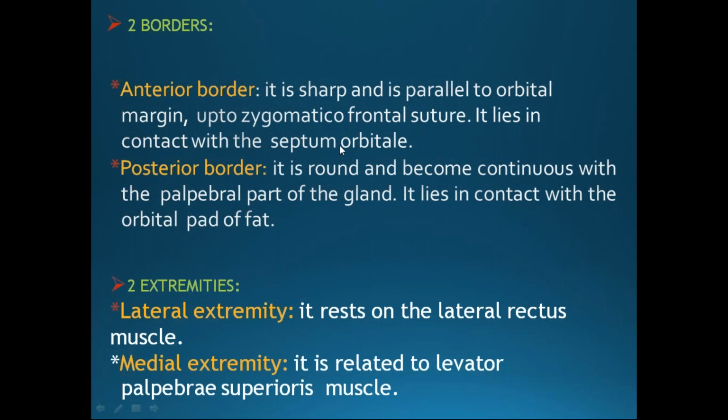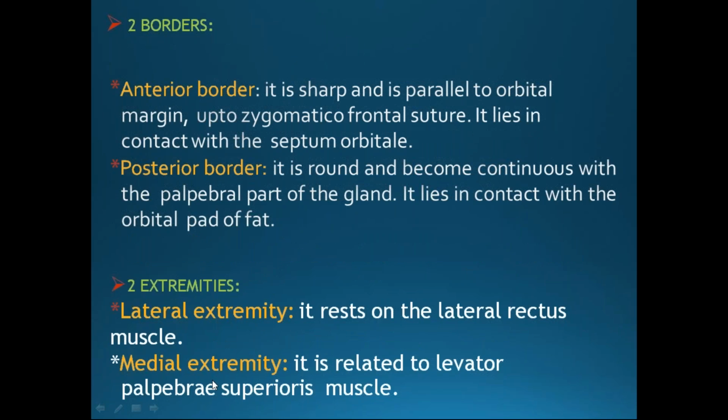It lies in contact with the orbital septum. The posterior border becomes continuous with the palpebral part of the gland. The lateral extremity rests on the lateral rectus muscle. The medial extremity is related to the LPS muscle.